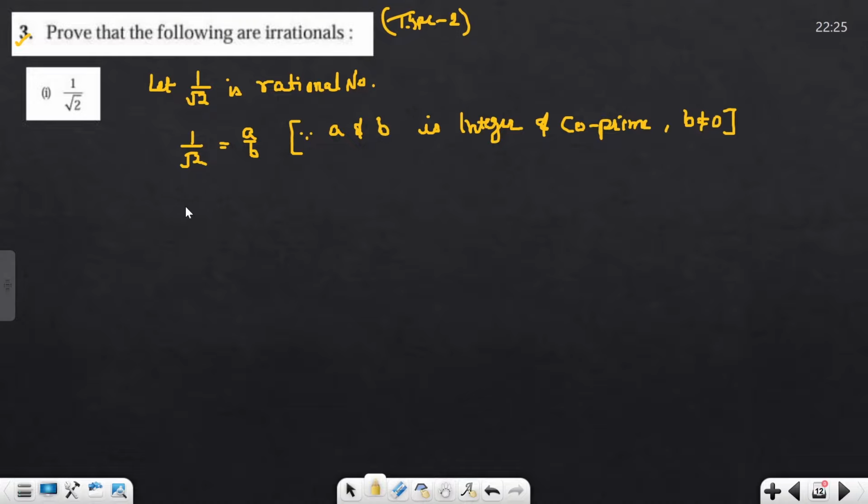Now take the reciprocal of both sides. Root 2 is equal to b by a.